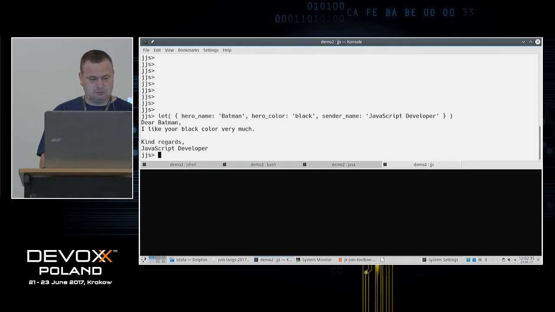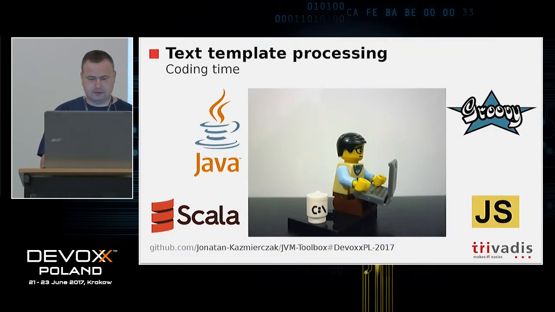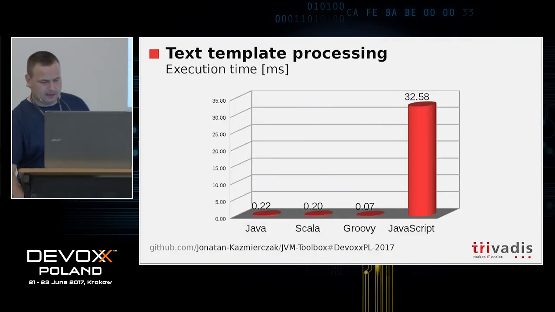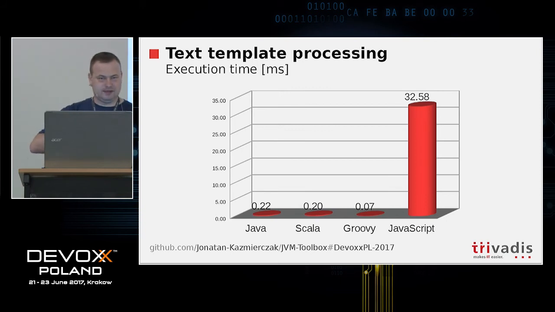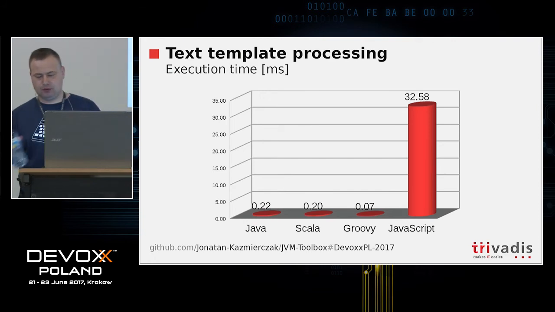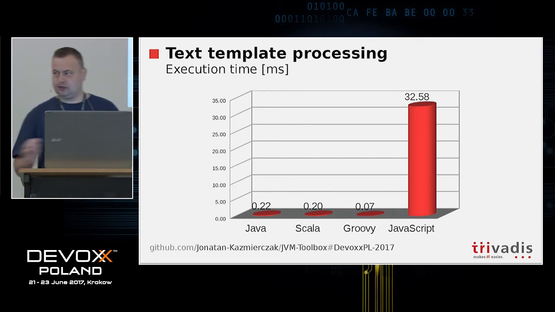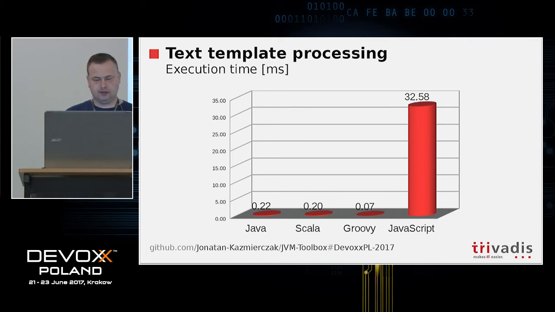Good. So the task is done, but what about the performance? Any surprise here? Yes. Which one is the fastest? Groovy. Interesting. So many things determined at runtime, and it turns out to be the fastest.